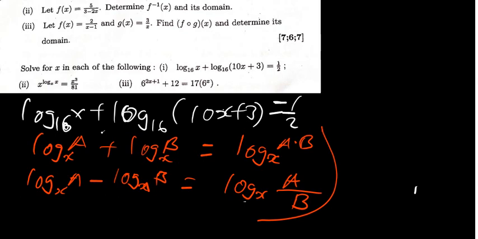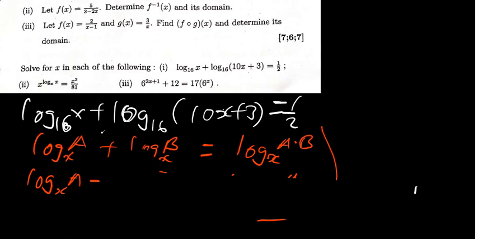Now, there is also what we call converting from logarithm to exponential. If I have log base x of A is equal to y, this is the same as x raised to the power y is equal to A. What is outside is equal to what is inside.